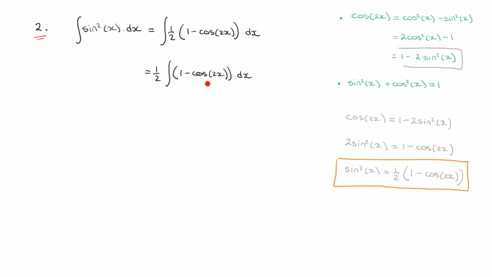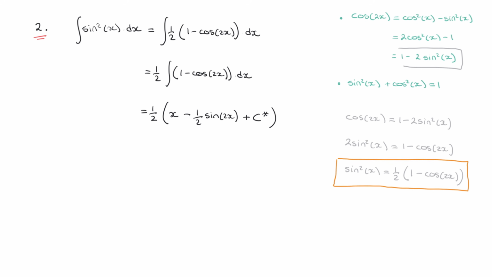And all we have to do now is integrate these two terms. And so we can state that this equals 1/2 times, in parentheses, the integral of 1, which is just x, minus the integral of cosine of 2x, which is 1/2 of sine of 2x. And of course we'd have some constant of integration, which again I'll call c star.